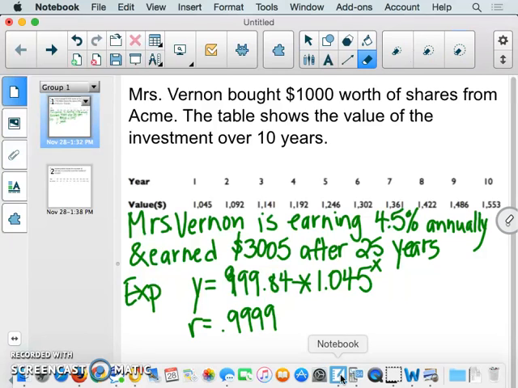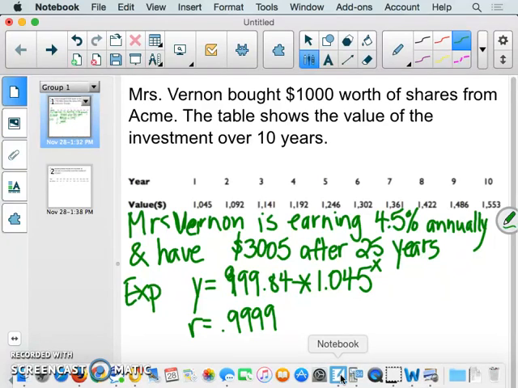I don't necessarily know if I like the word earned, so I think that I'm actually going to have and she will have $3,005 after 25 years. She'll have that much money in her account.